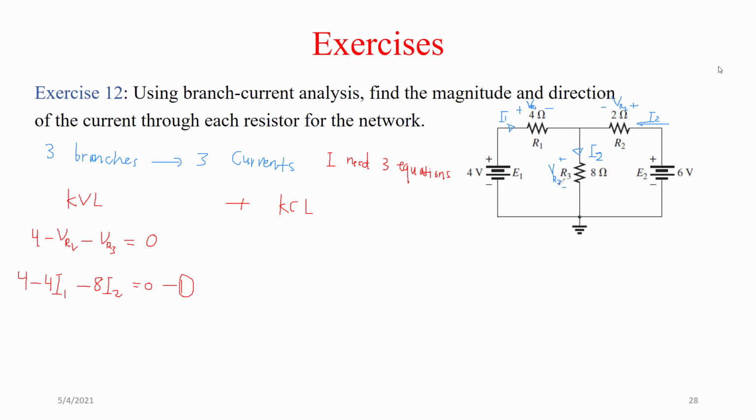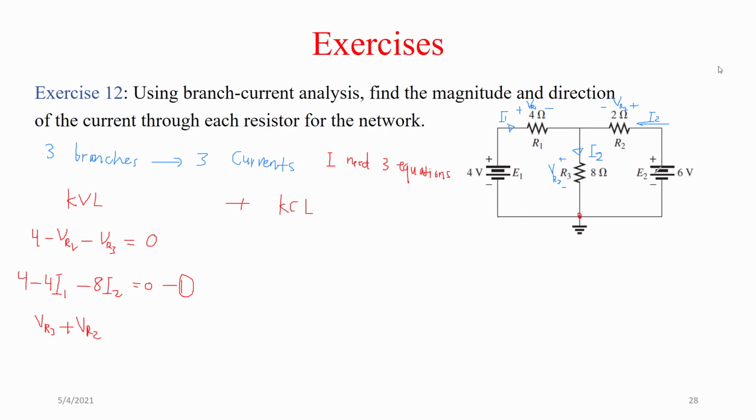Then I'm going to go to the second small mesh, a small loop, this one. If I start from this point, go this way, I'm going to see this voltage as positive, going from negative to positive. So it's VR3. And continue. This is positive as well. I'm going this way, so it's positive VR2, going from negative to positive.